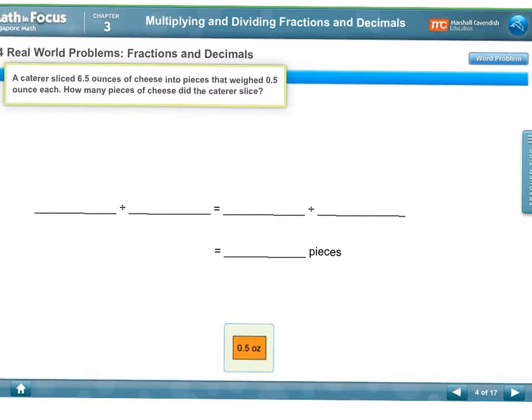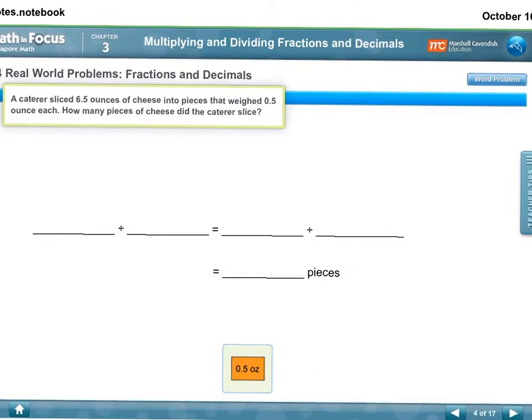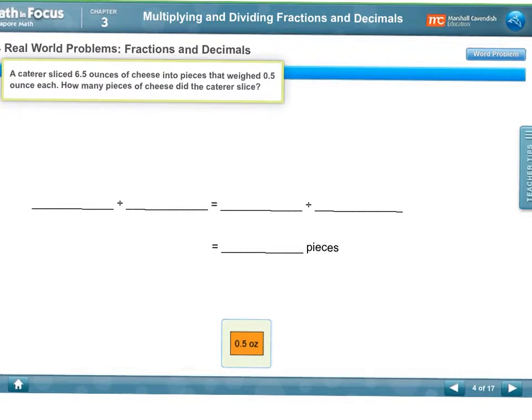Now we have a caterer slicing 6.5 ounces of cheese into pieces that weighed 0.5 ounce each. How many pieces of cheese did the caterer slice? And we're slicing it into pieces. Those are some key words. Sliced into pieces. That goes with division.